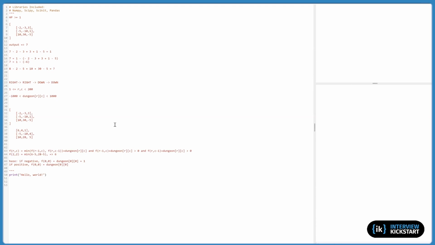So if I did it for the other direction, if I did 30 here to get to here, so if this was a negative, I would need negative 30, 10, 5, because that was a 2.